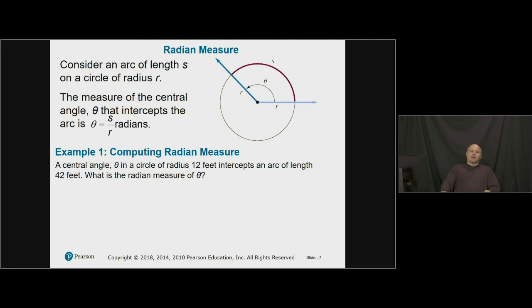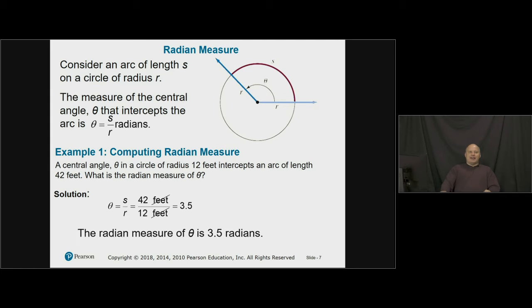So example 1, let's compute the radian measure. If a central angle theta in a circle of radius 12 feet intercepts an arc of length 42 feet, what is the radian measure of theta? So theta is S divided by r, which is 42 divided by 12, which is 3.5 radians. So that is the measure of the angle in radians.